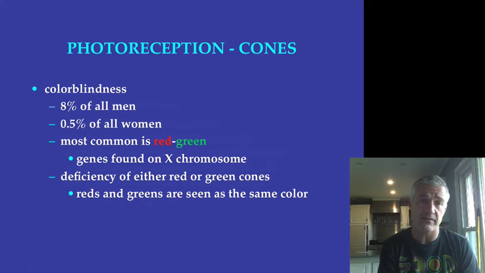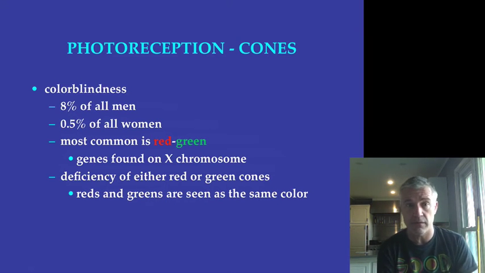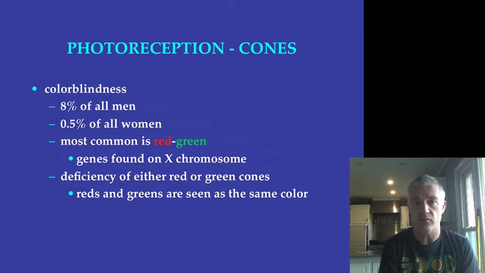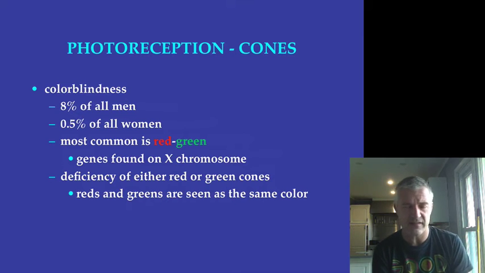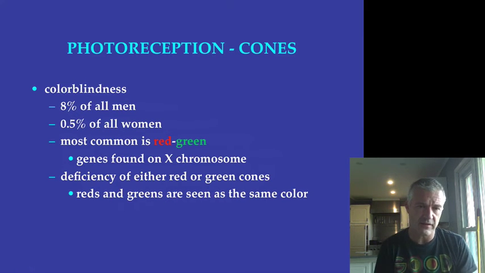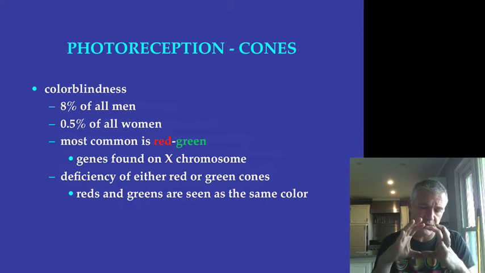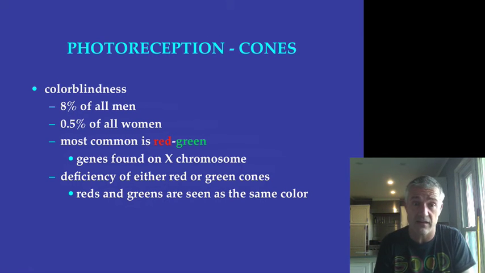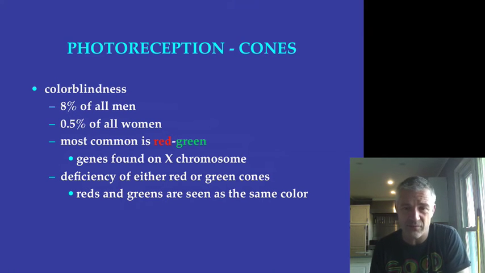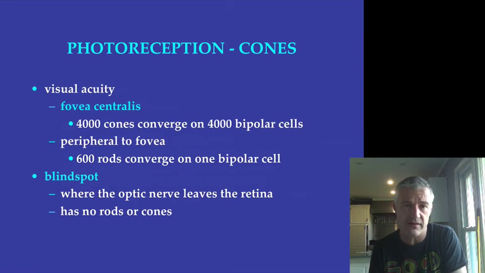So about 8% of males, of which I'm one, have some red-green deficiencies. Again, you don't see reds and greens as being entirely distinct from one another. If you've ever looked at those little Ishihara plates where they have the different little dots with the numbers in them, I can't see a lot of those. But that is that absence of having a certain amount of cones here.